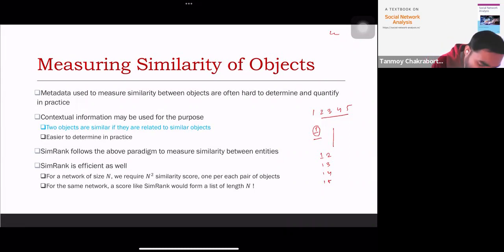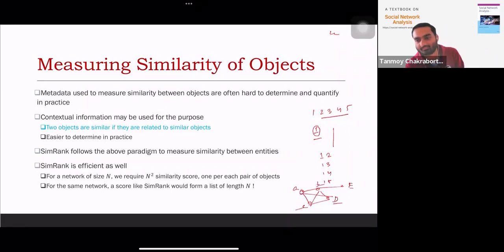Say, for example, it's a network A, B, C, D, E. The context of A is defined by neighbors B, C, and D, because B, C, and D are directly connected to A. The idea is very simple: 2 nodes are similar if their contexts are similar. 2 users are similar if their friends are also similar.